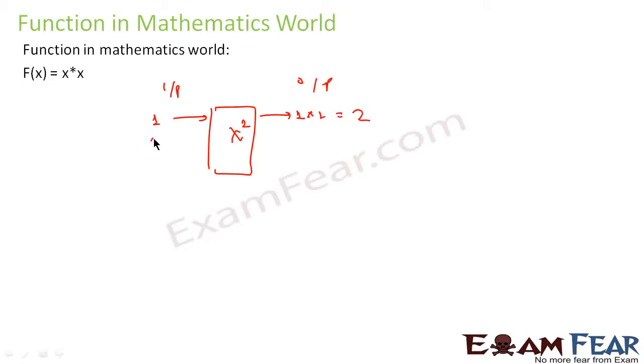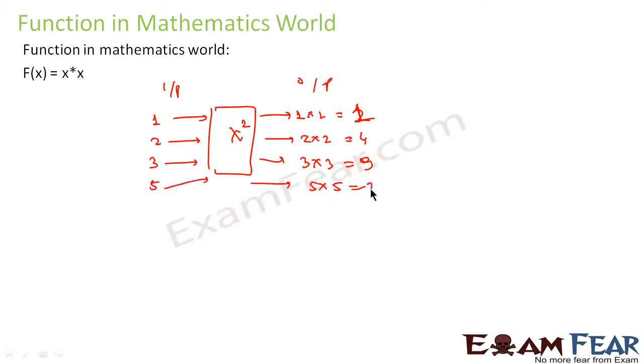If you give input as 2, the output will be 2 into 2, that is 4. If you give input as 3, this function will square it. This will become 3 into 3, that is 9. Similarly, if you give, let's suppose, 5 as input, you will get 5 into 5, that is 25, as the output.